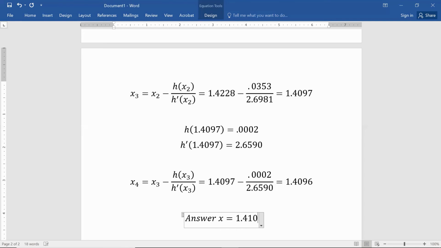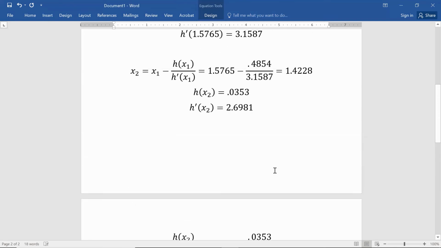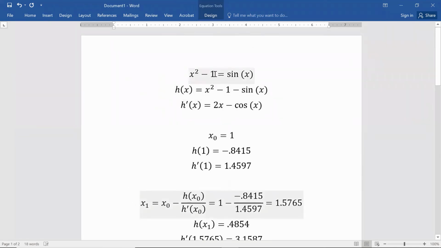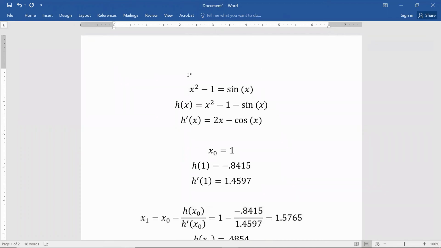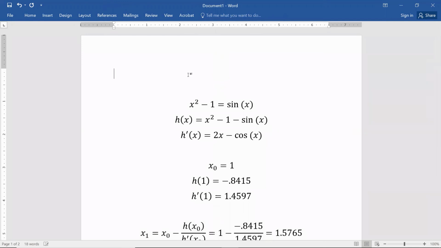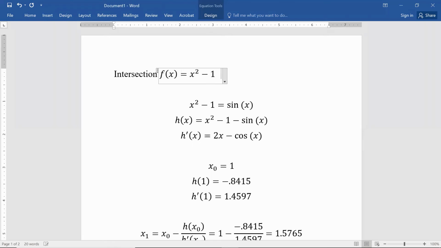So 1.410 if I round to 3 decimal places. Now, what I was saying earlier, remember solving this equation meant that we were finding the intersection of 2 functions, one of which was the x squared minus 1 function, and the other was the sine of x.